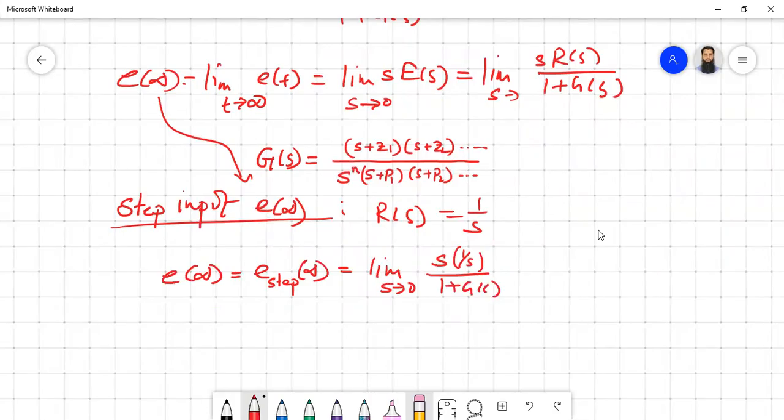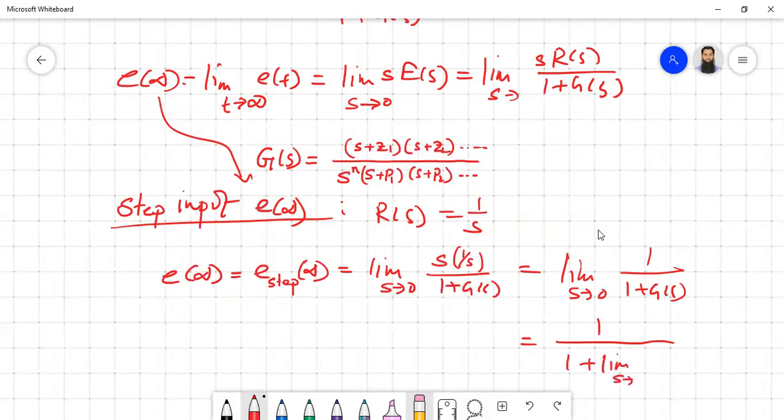So s is getting cancelled out, and what we have is limit s tends to 0 of 1 by 1 plus G(s). The rest of the thing is constant, only the limit can be applied to G(s). So we can write 1 by 1 plus limit s tends to 0 of G(s).